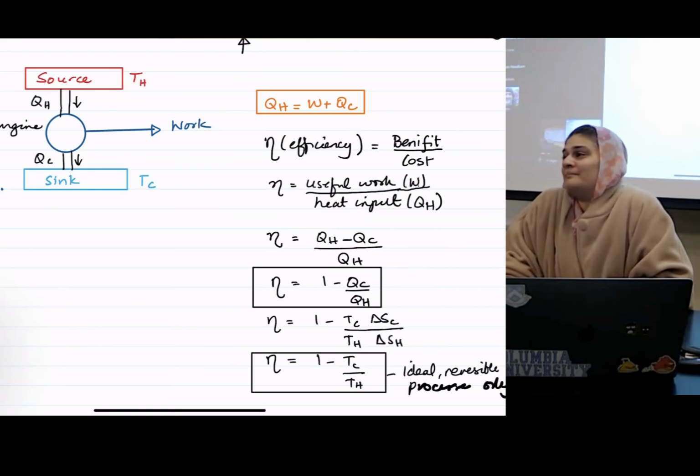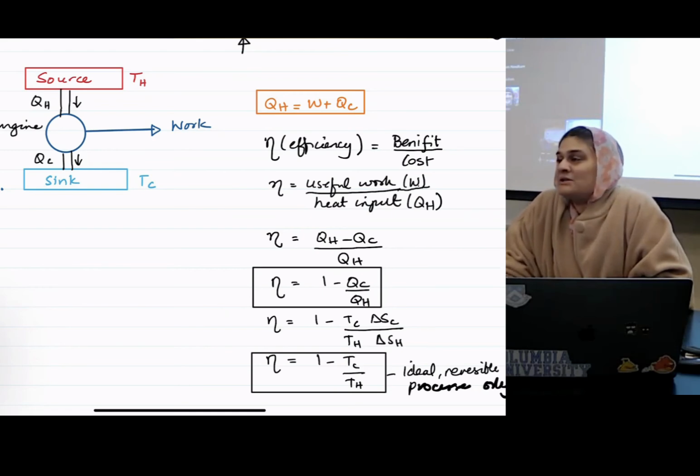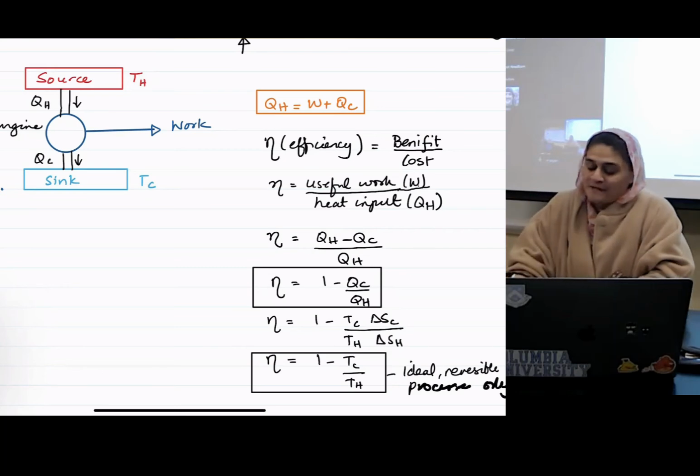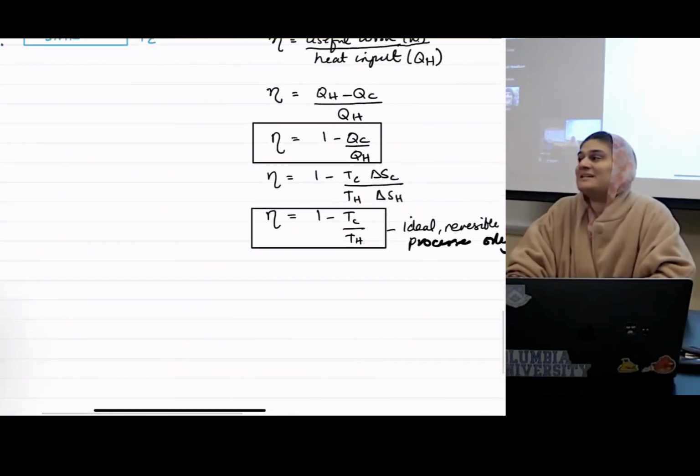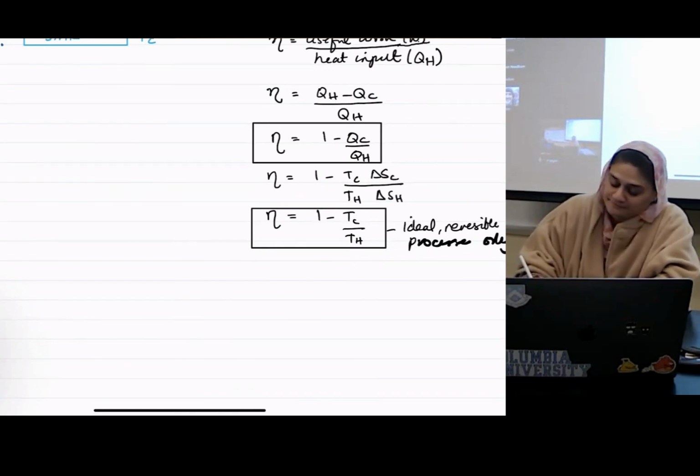Does that happen? Ever? No. So no real engine will ever be 100% efficient. Right? So also note, whenever you do these problems, your TC and TH must be in Kelvin.